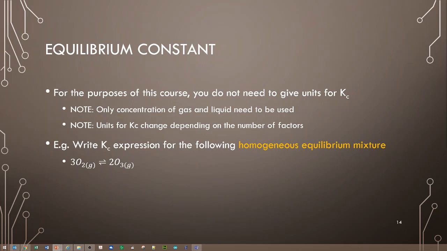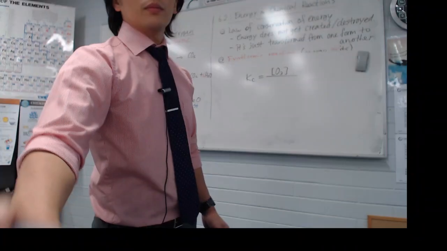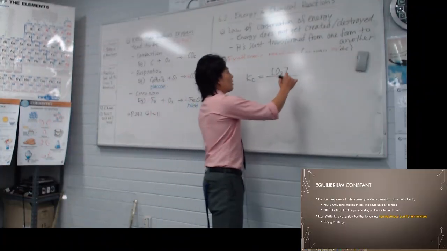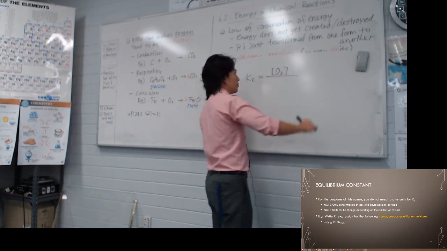Products. Yeah. Now it needs to be in concentration, so make sure you use square brackets. Remember, square brackets usually mean concentration. Products in this case is O3, so O3 goes into the square bracket. And what's the coefficient in front of O3?